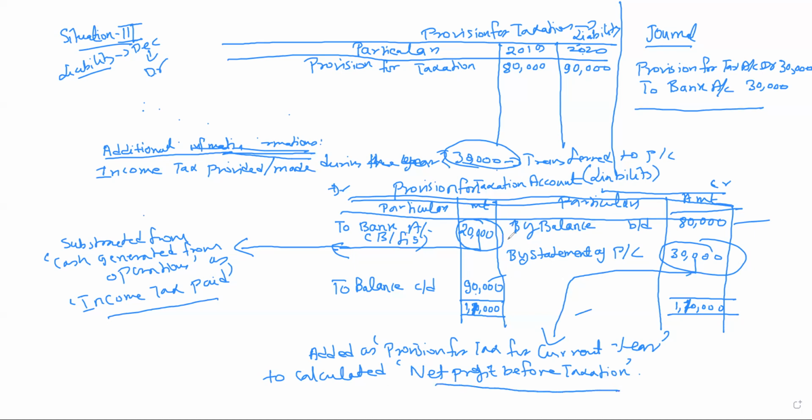And this 20,000 जो आपका जो balancing figure आया, this will be subtracted from cash generated from operation as income tax paid. Class, is it clear?